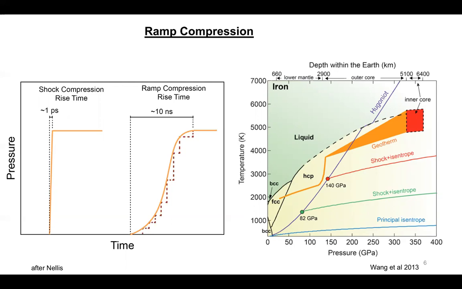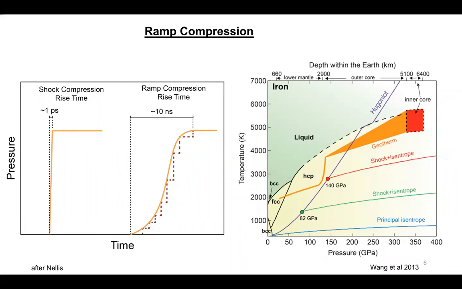The figure on the right here is an example of a schematic pressure-temperature illustration for a particular material, iron, that shows that in practice it's not purely ramp compression; we usually initially end up with a shock in the sample. That shock could be 50 to 100 GPa or so, or maybe even more, and then you ramp compress to higher pressure after that shock.